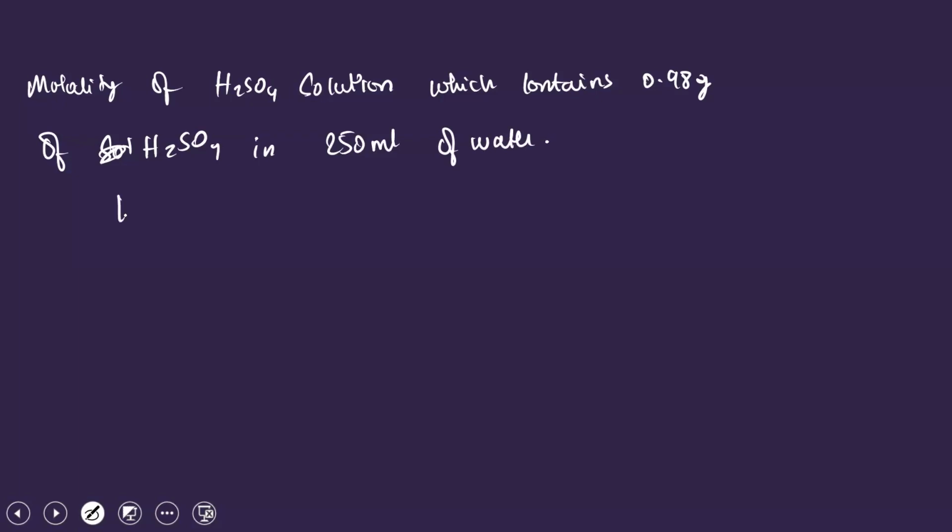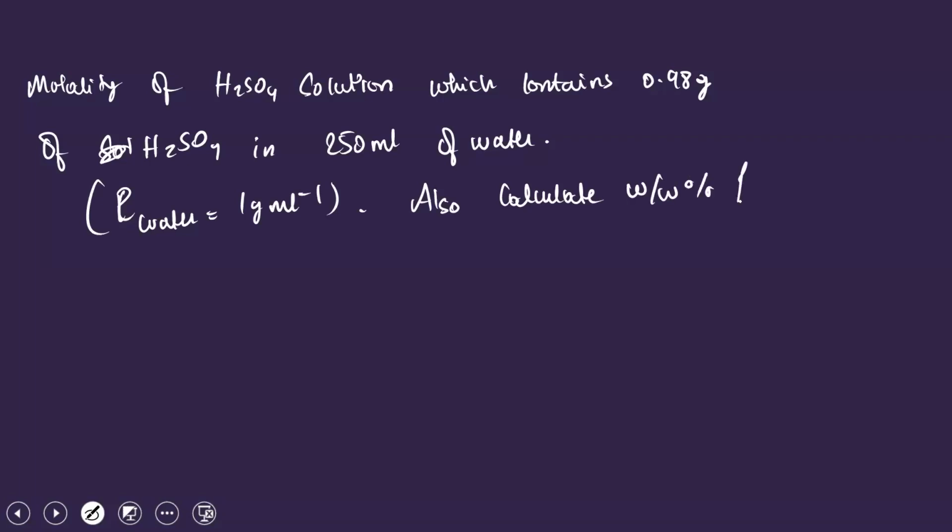Density of water is equal to 1 gram per ml. Also calculate the weight by weight percentage from the given data. Clear?